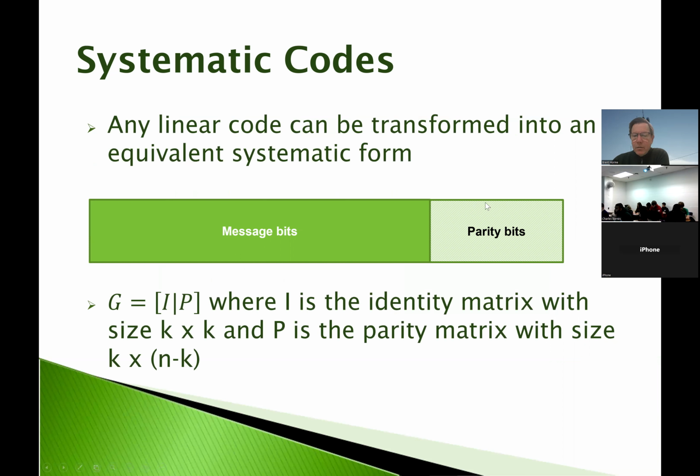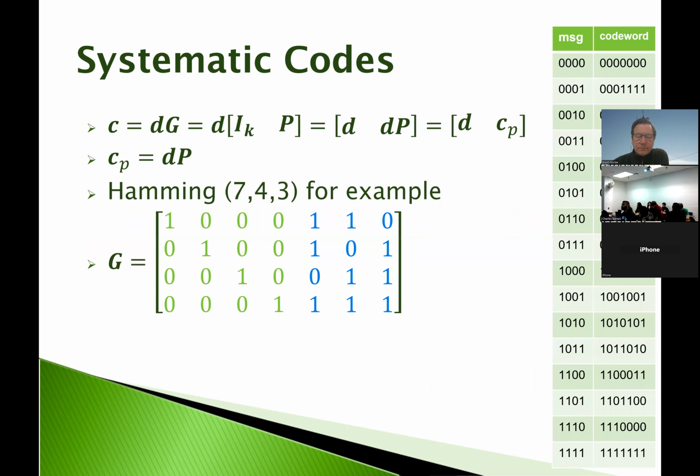And then we're going to concatenate the parity matrix onto that. The parity matrix is going to have a size of k bits coming in by n minus k, the difference. Sometimes we'll call that a little m, lowercase m, the n minus k there. All right, so here's an example.